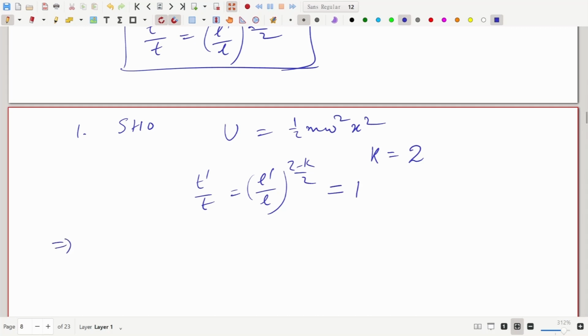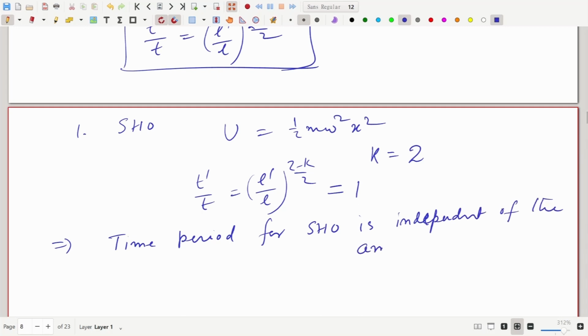So, this implies that the time period for a simple harmonic oscillator is independent of the amplitude of oscillation.